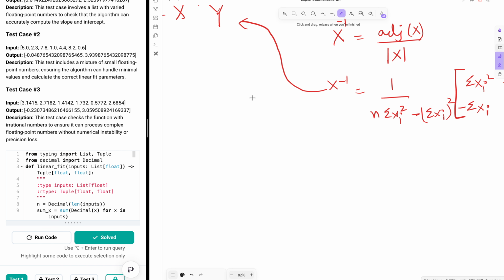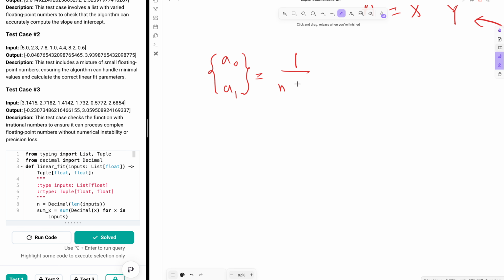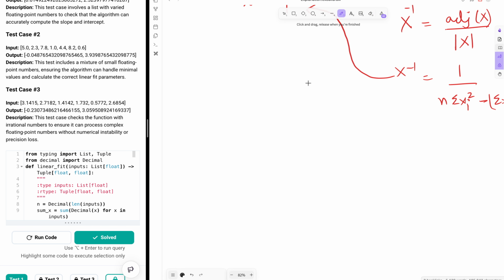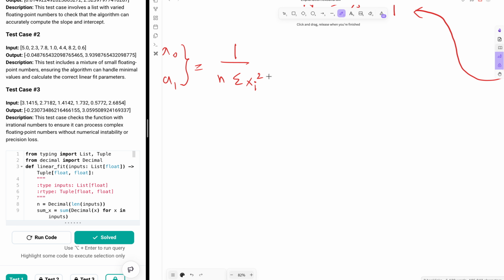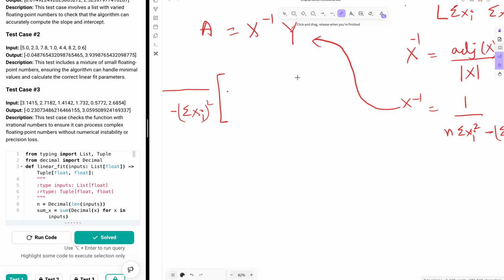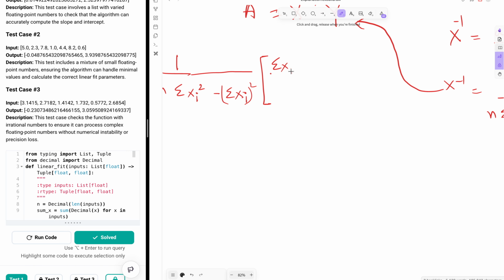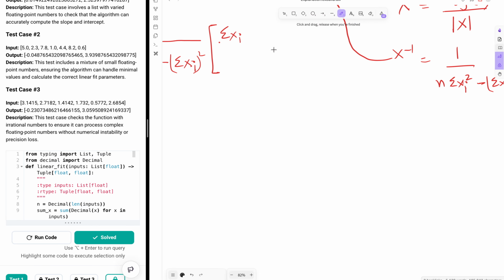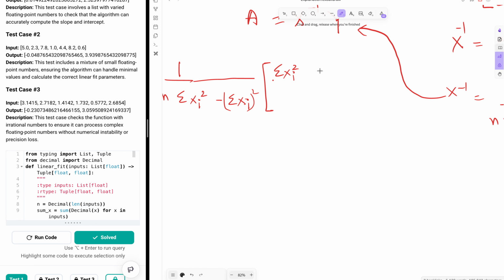So what I calculated is 1 over n times summation of xi square minus summation of xi whole square, times the matrix with values summation of xi square, minus summation of xi, minus summation of xi, and n.